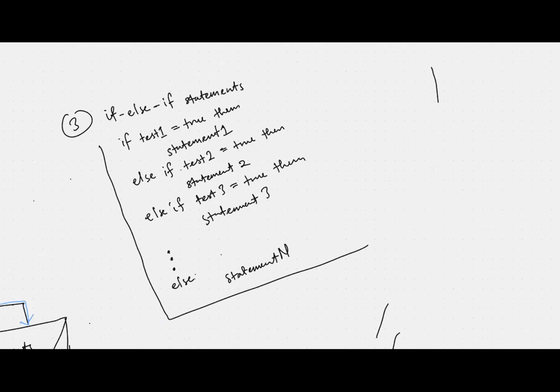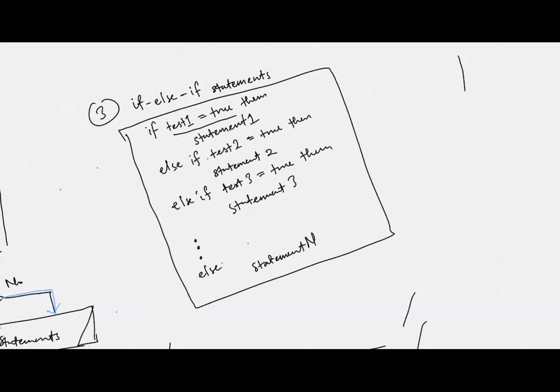We have different tests: test 1, test 2, test 3, we can have test 4, 5, 6, 7, as many of them as we want. Then optionally, we can have this one. This is optional, so I'm going to put a dash around it. You can decide to add this or not. I'll explain how it works.